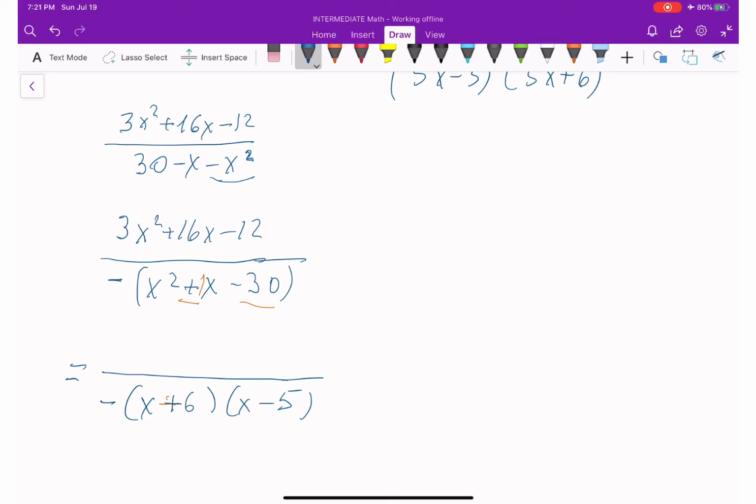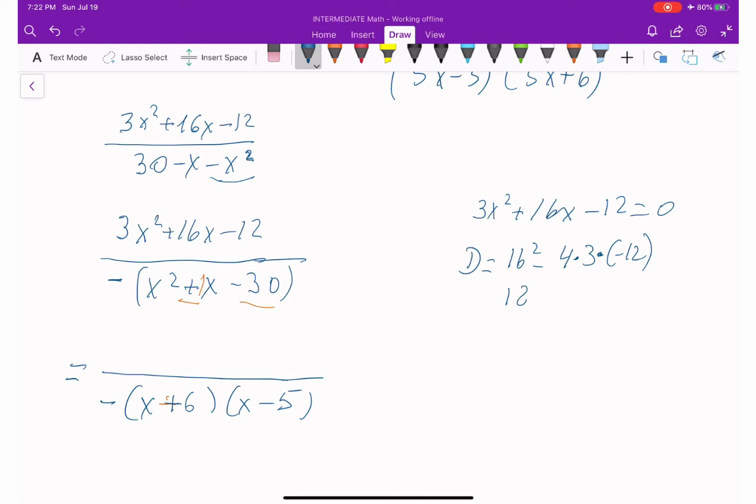Therefore, let me go real quick over that. 3x squared plus 16x minus 12, put equals 0, so I can find the discriminant. The discriminant is equal to b squared, which is going to be 16 squared, minus 4 times a, which is 3, c is negative 12, times negative 12. So we will end up adding.